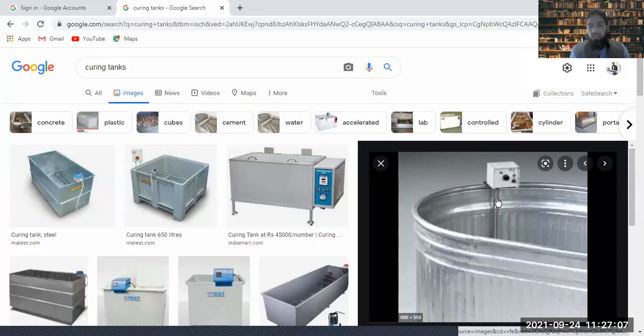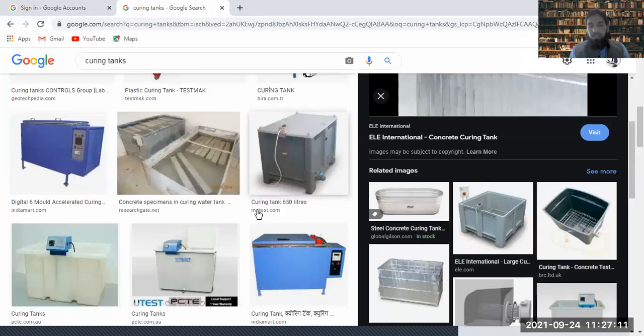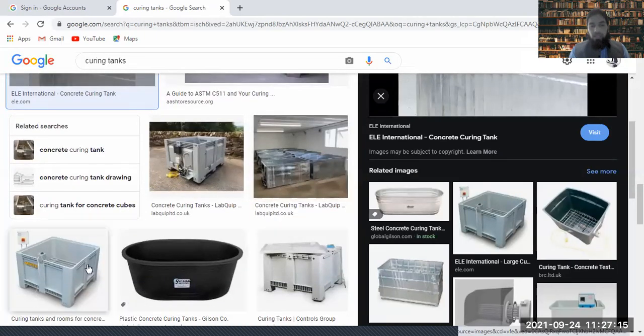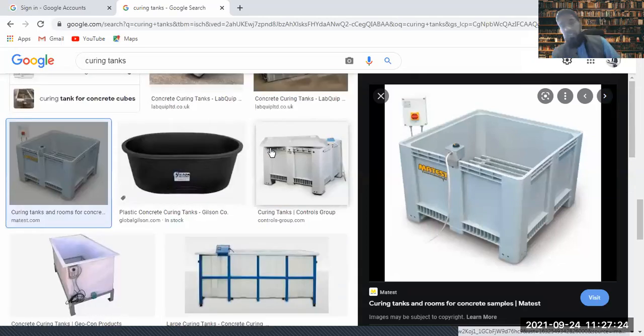So you can check the temperature at different times, and this setup can easily be made even at your homes for testing the behavior of concrete samples. It will cost very little because you can make it even of plastic.